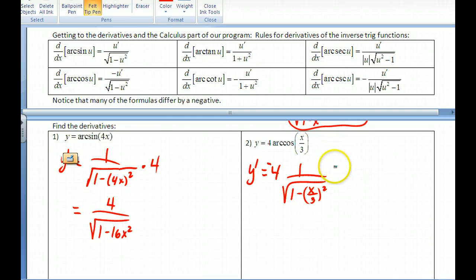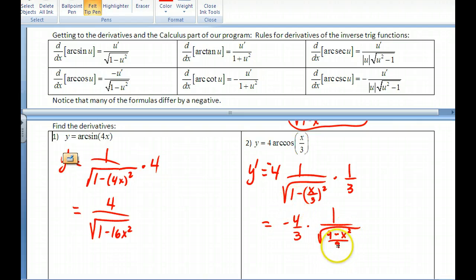And then I need to chain this off, and so I need to multiply by 1/3. If I simplify this one a little bit more, I'm going to get negative 4/3 times 1 over, I'm going to get a common denominator here. So this is going to be 9 down below, so this will be 9 minus x squared all over 9. So 3 squared is 9, and then 9 over 9 from here.